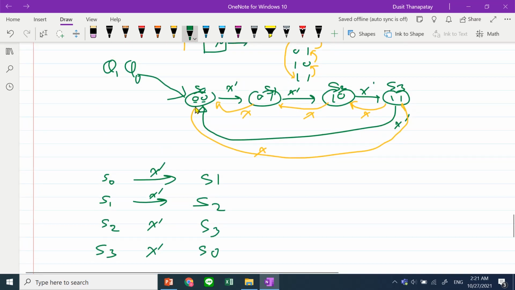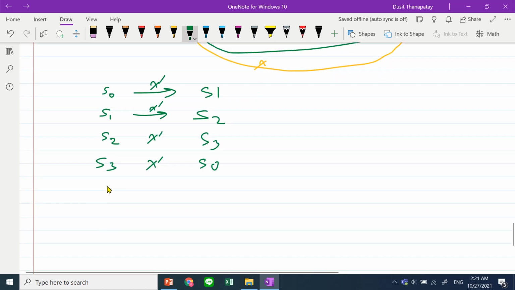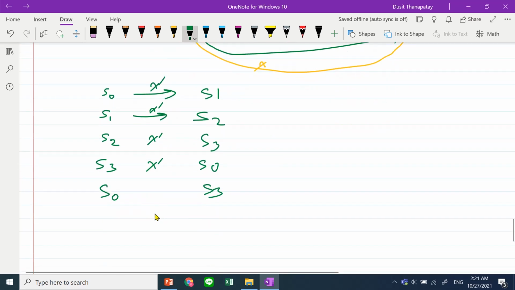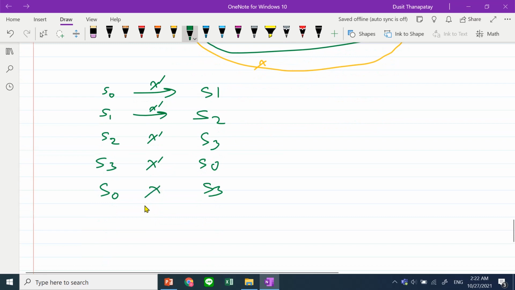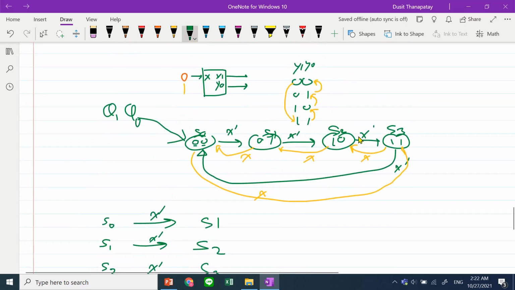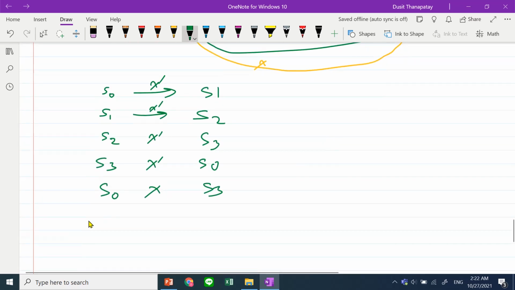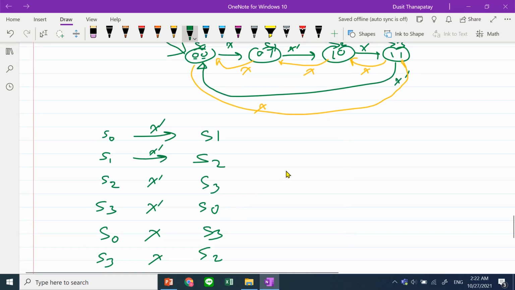And S0 to S3. The input condition is X. And what else? S3 to S2. Input condition is X also.